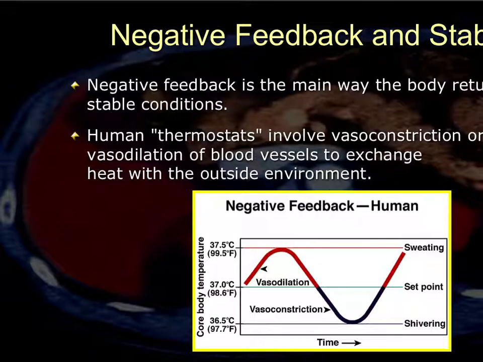So you have vasoconstriction. You also start shivering. Once those two things start happening, you'll bring back to that set point. So it's all about getting you back to that set point that you want to be at. See that it's dynamic, you go below, then you go back up, then you go below, then you go back up, all hovering around the set point. Questions?